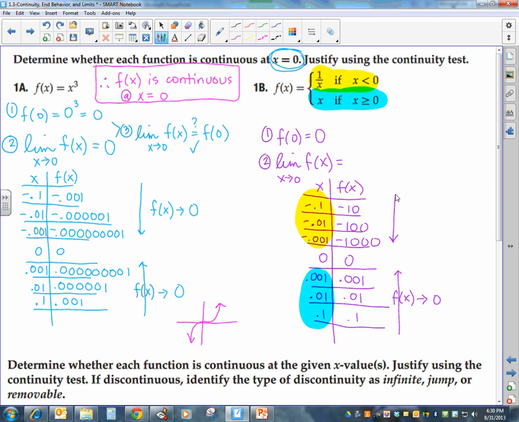On the flip side, these y values, the numbers are getting larger, but with our negative sign, that means they are actually going towards negative infinity. So since these two are not going to the same place, we say the limit does not exist. That therefore means f of x is not continuous.